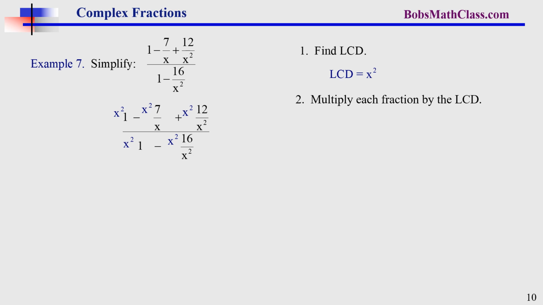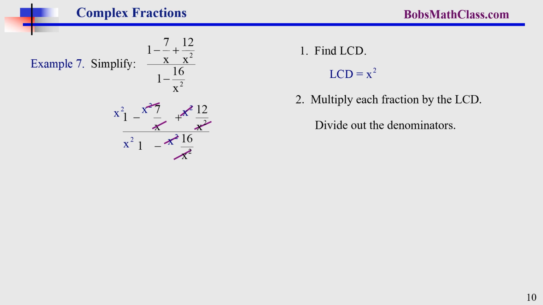Okay, now we can reduce. Let's see, in that middle fraction, one of the x's cancels with one of the x's on top, and so we're just going to be left with an x. So I tried to show that by just canceling out the number 2 on top. On the next fraction, the whole x squared cancels, and same thing on the bottom, the x squared cancels.